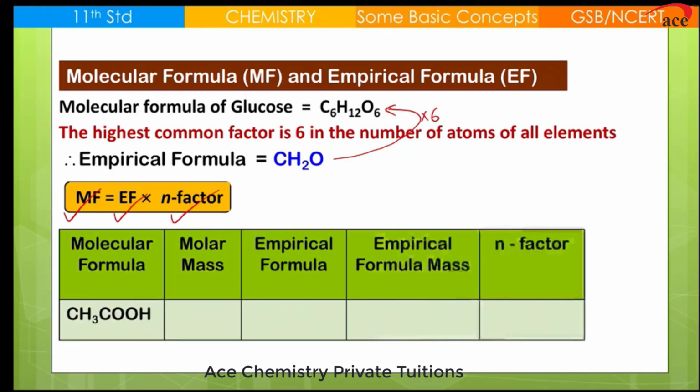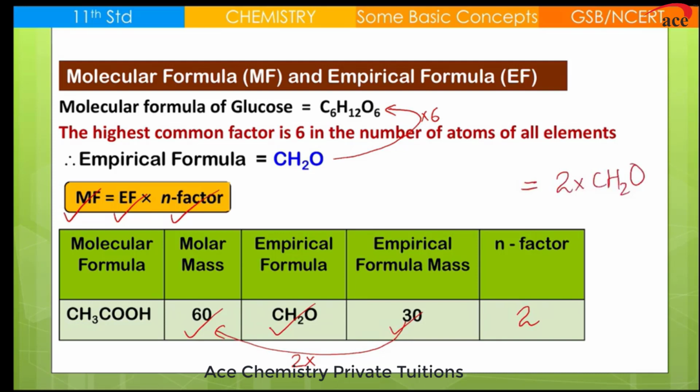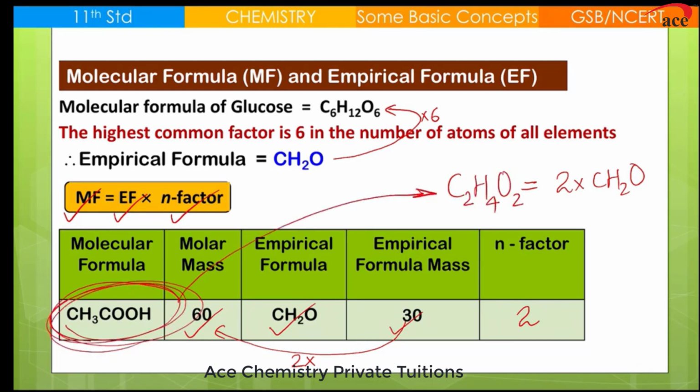Now if you want to find out the n factor, you can find it here. If you see acetic acid, molecular mass is 60, empirical formula is CH2O, its empirical formula mass is 30. So what you are able to realize is that molecular mass is double the empirical formula mass. That means n factor is 2. Just multiply n factor 2 with the empirical formula, then you get the formula C2H4O2.